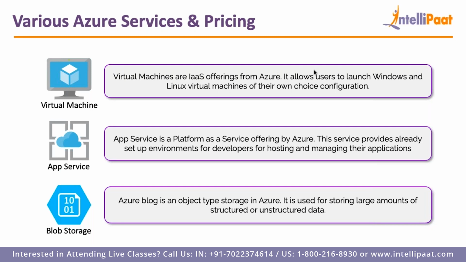So 30 GB of data is free for you to upload, and after 30 GB, you will have to buy some storage to upload more data. But when you're using blob storage, you do not have any restriction on how much data you can upload. It's unlimited data that you can upload, and you are only charged for the data that you upload per month. Let's say you uploaded 1 terabyte of data, so you will only be charged for 1 terabyte of data, nothing less, nothing more.